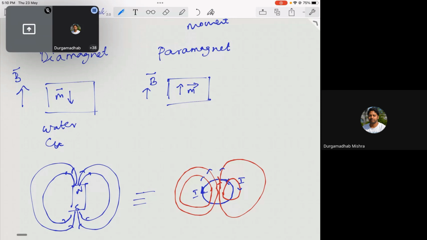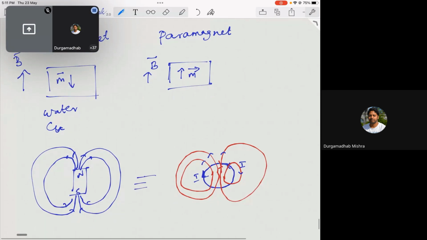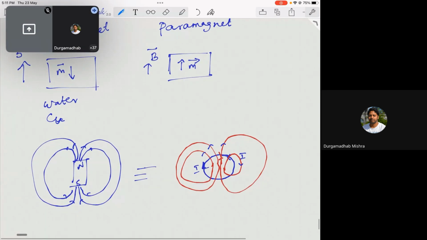And that's why, when we think of atomic systems, and this is what actually led to this realization, at least from a classical picture, that atoms can also have a magnetic moment. Why? Because atoms are similar to, you think of a nucleus and then an electron orbiting around it.